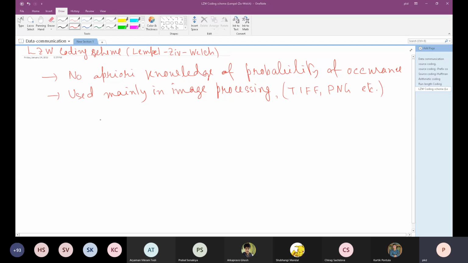So here, suppose we have a small 4x4 image having pixel values like this. These are 8-bit numbers, right? Yes, these are the gray values.